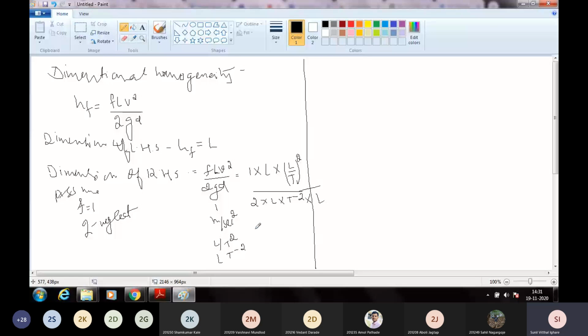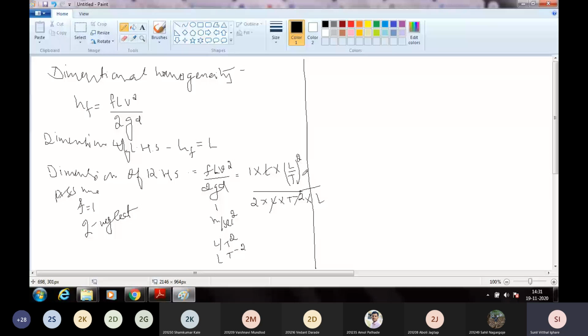So if you simplify this, L gets cancelled. Here again T raised to minus 2 and T raised to again minus 2, so that is going to cancel.